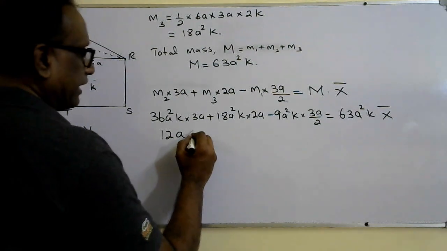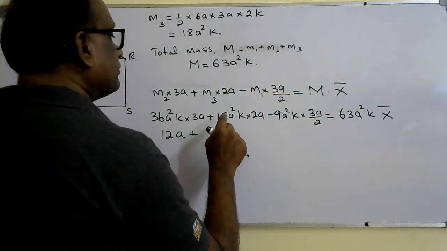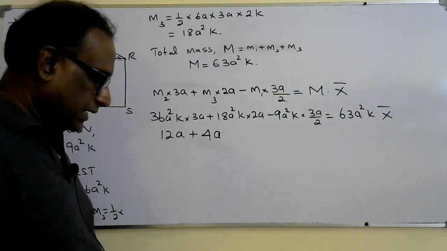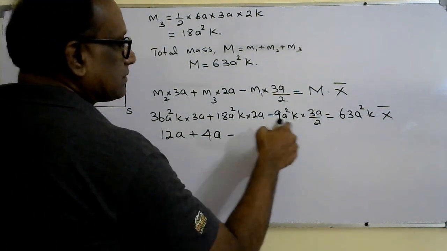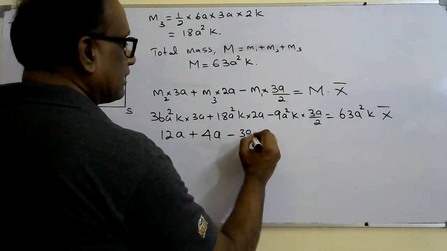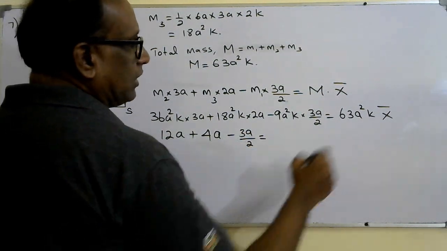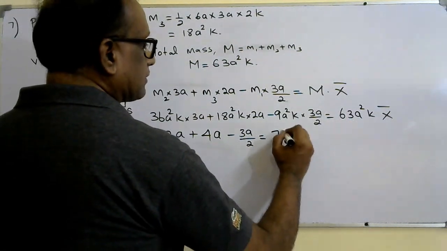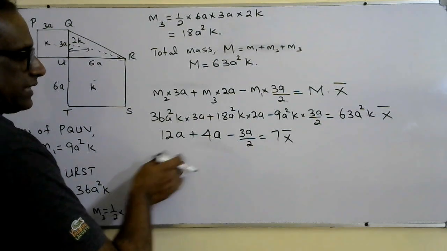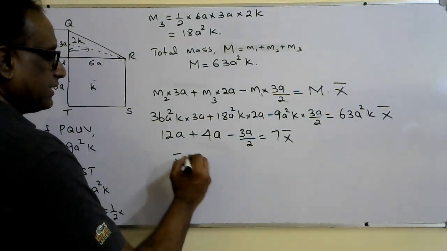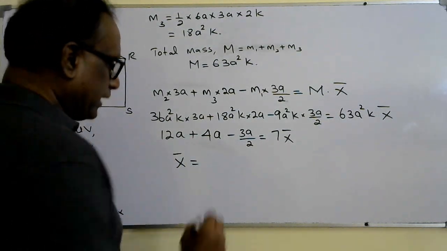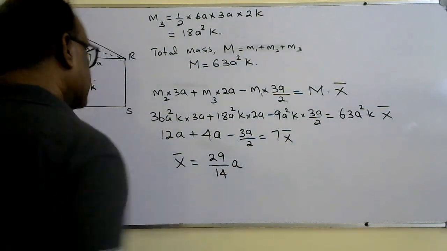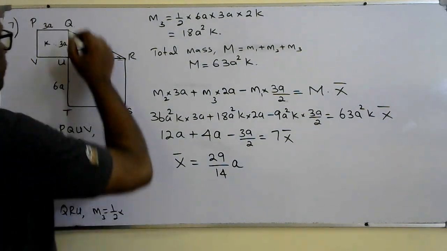Here, if you divide by 9A squared K, 2 into 2 is 4A, minus 9A squared K gone, so 3A by 2 is equal to 7X bar. Solve the left side, you know. Finally, X bar will be equal to 29 over 14. Okay, that's the distance of the center of mass from QT.